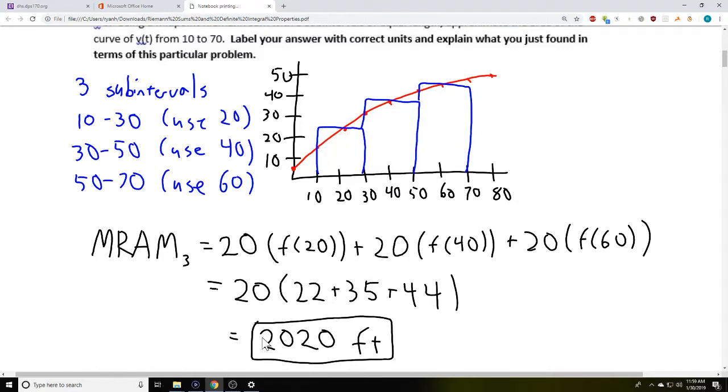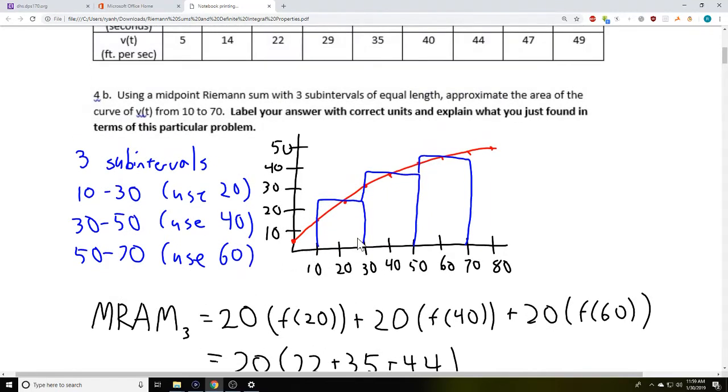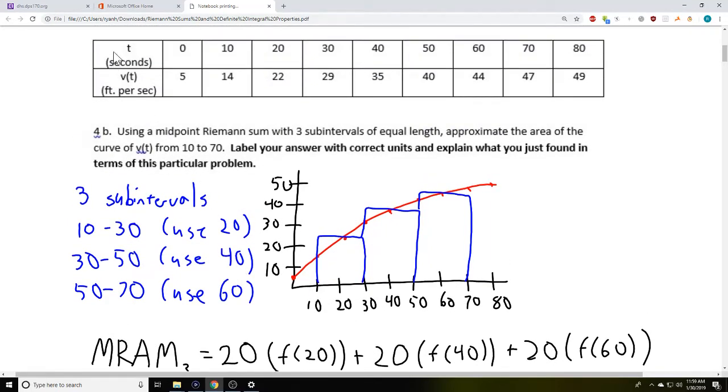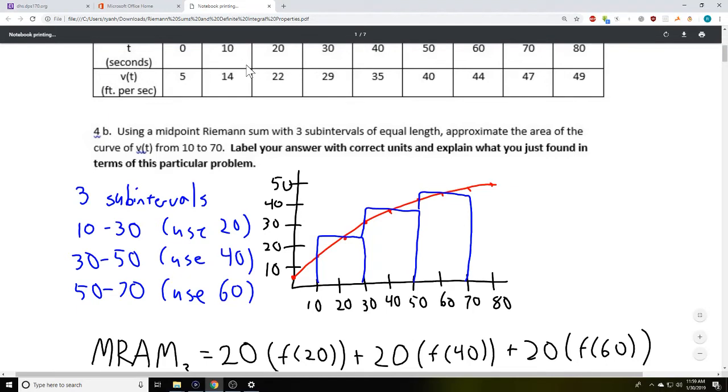Feet should hopefully make sense here, because when we're multiplying base times height, base is 10 to 30, we get that from time. So we're taking seconds and multiplying it by the velocity in feet per second.